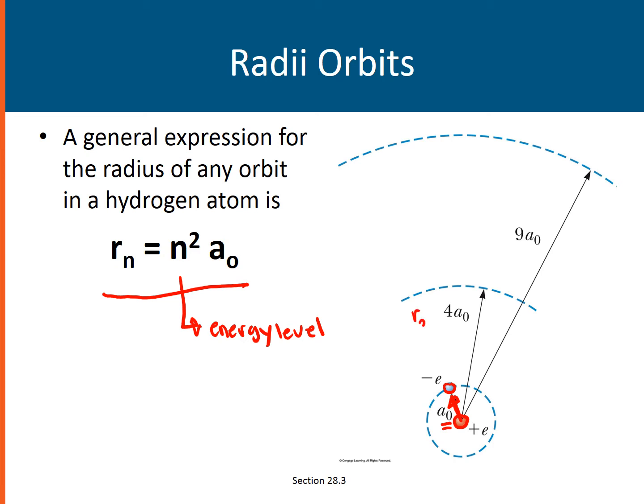Now the radius of the second energy level would be equal to 4 multiplied by the Bohr's radius, and also for the radius of the third energy level, it's going to be equal to 9a sub 0, or 9 multiplied by the Bohr's radius.